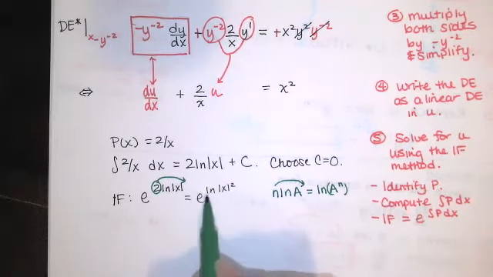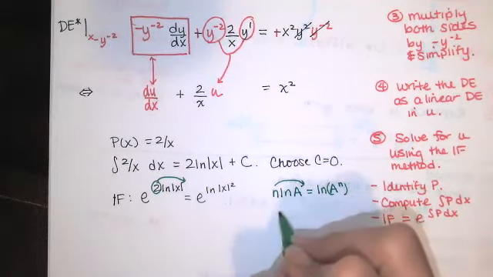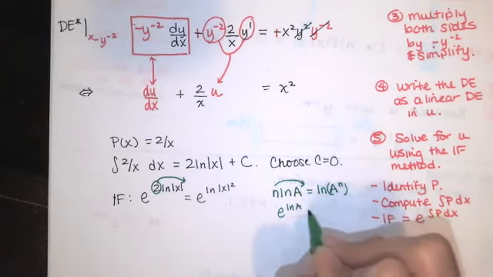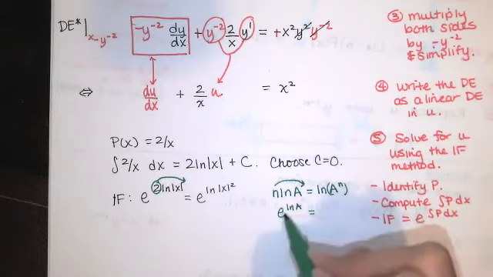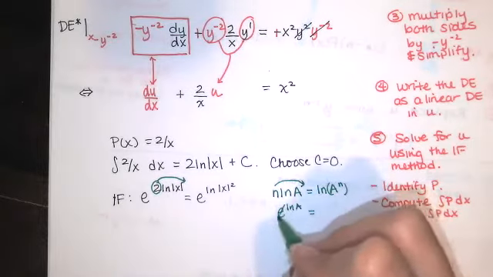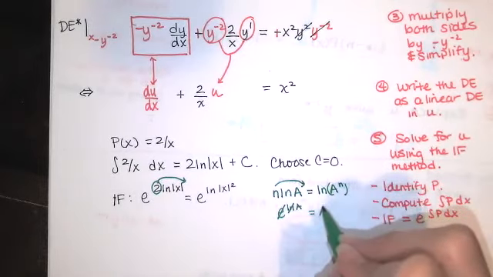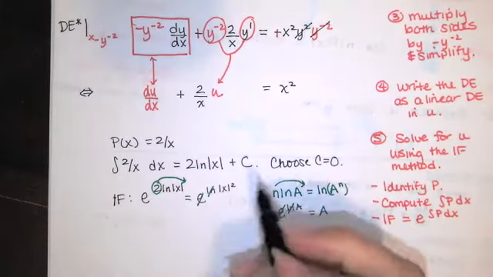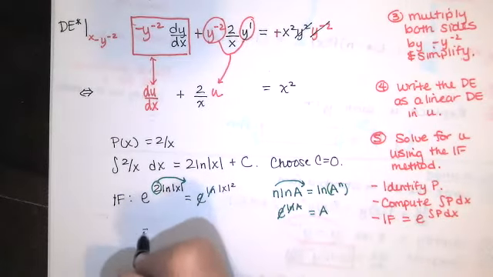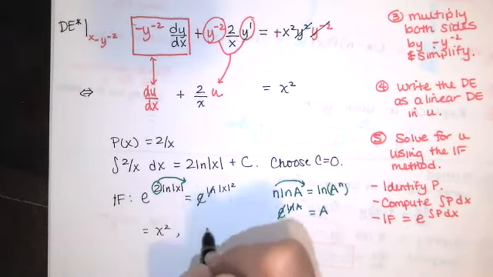And now, because there's a coefficient of 1 in front of this logarithm, the e and the log undo each other. This is an exponential and a logarithm, and they have the same base. Those are inverse functions by definition, so it's just going to give us whatever's inside. So that's going to give us x squared, provided that x is not equal to 0.